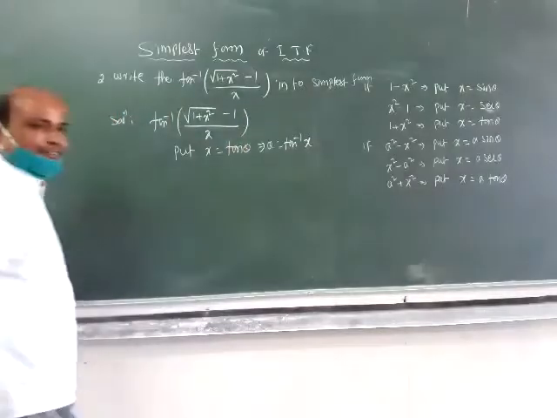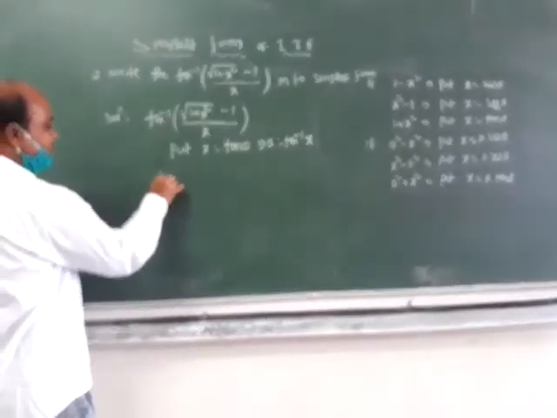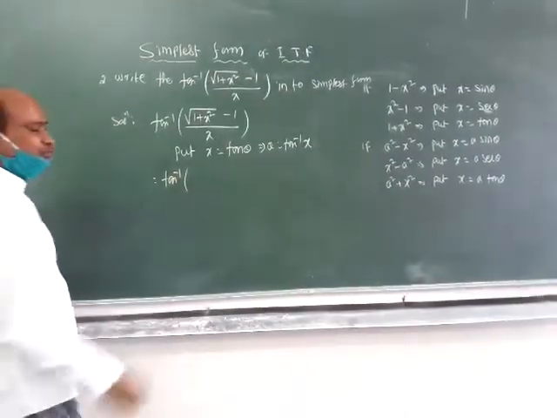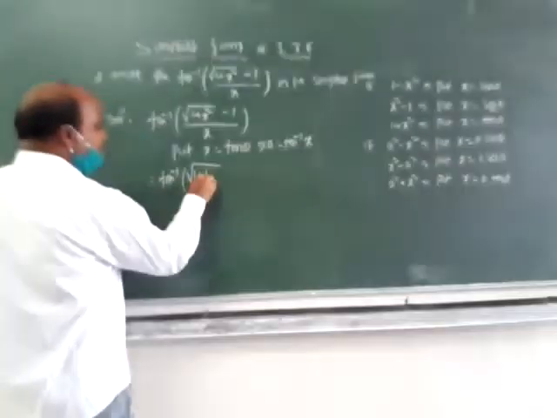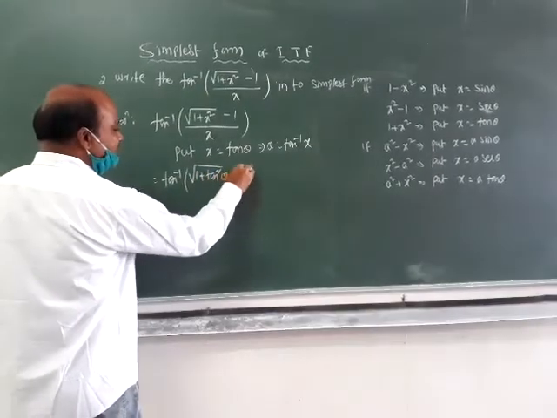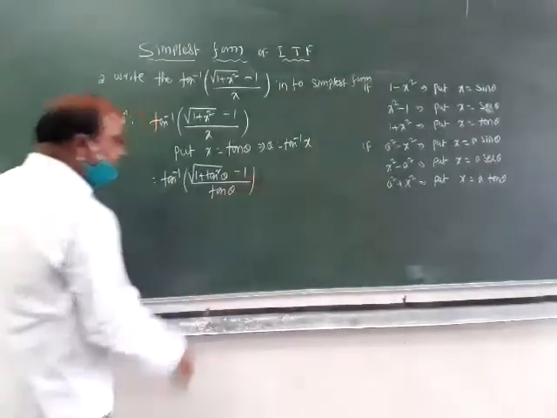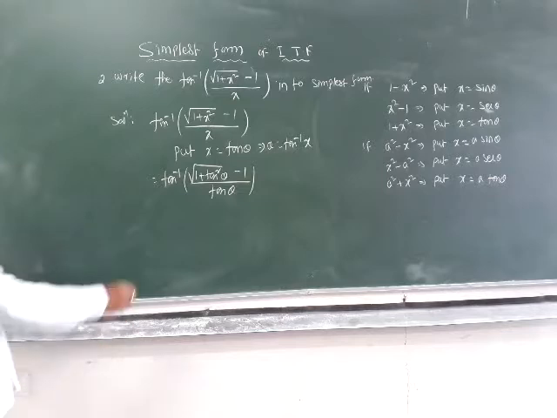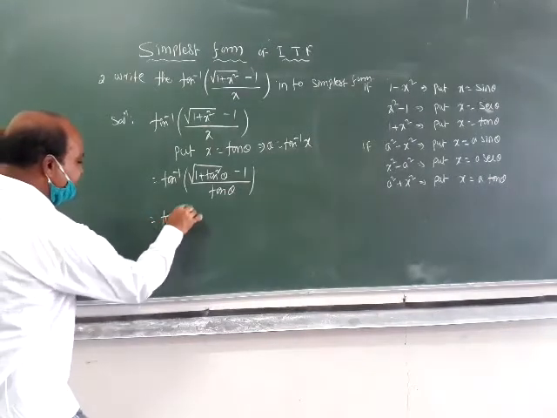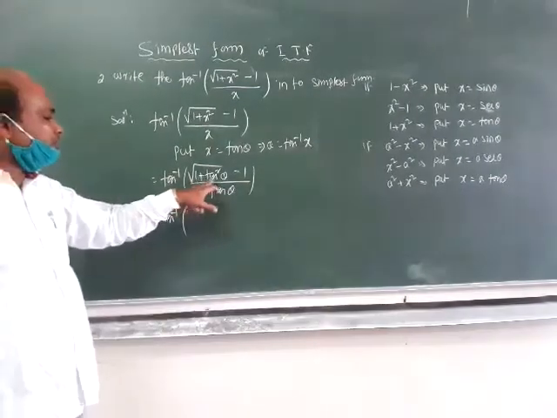So then it becomes tan inverse of under root of 1 plus tan square theta minus 1, divided by tan theta. Is that right? So that is tan inverse of under root of 1 plus tan square theta.